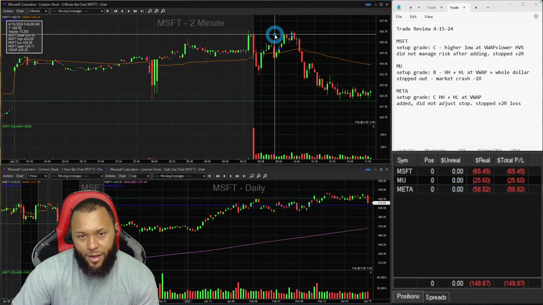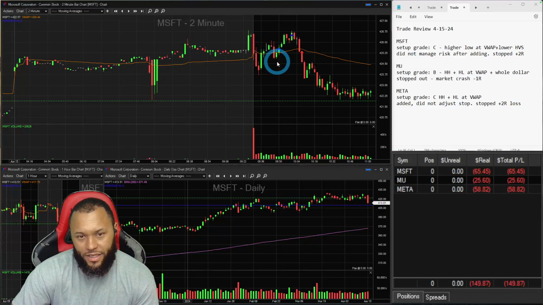But I pretty much pay attention to both the top and bottom side of these open range candles. So it traded above and retested that same level, and then continued up. To me, this is an acceptable setup, but I gave it a C because we have a higher low at VWAP plus lower HVS.